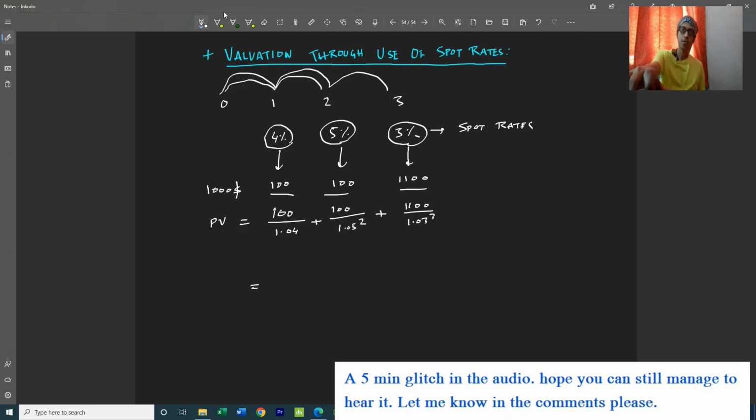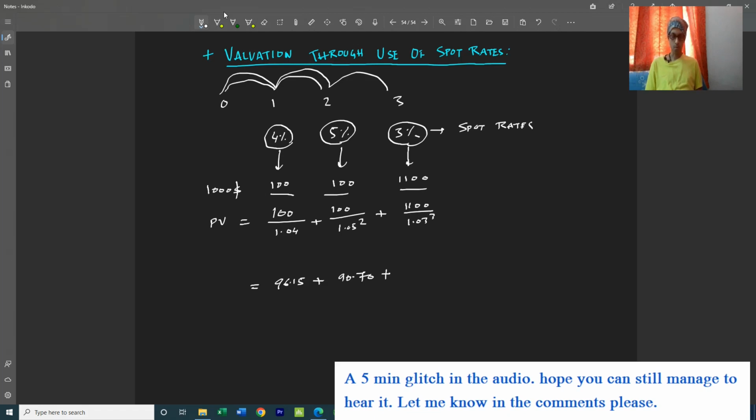So the calculation comes to be 100 divided by 1.04, this is equal to 96.15, plus 100 divided by 1.05 square, this comes to be 90.70. This is 1100 divided by 1.03 cube.